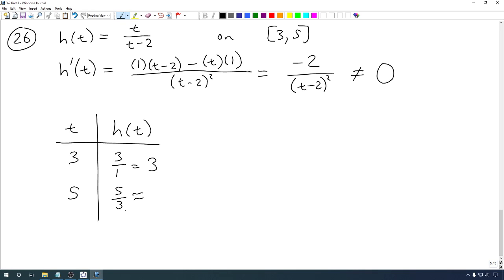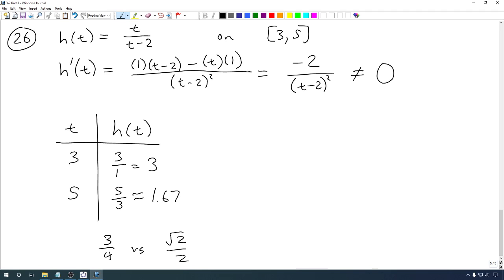So 5/3 is approximately 1.67. Just use a calculator for that, because it's a lot easier to compare 3 to 1.67 than it was to compare 3 to 5/3. And it's going to be even more important when we, say, compare 3/4 versus square root of 2 over 2. These could come out as two possible values of a function, and we might have to compare them, and it's not obvious which one of these is bigger.